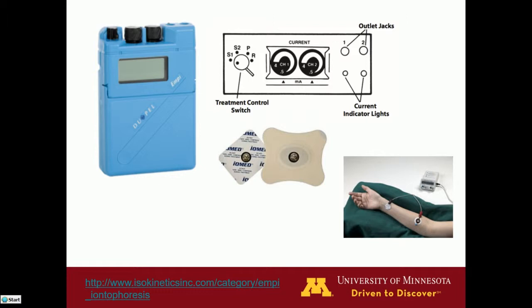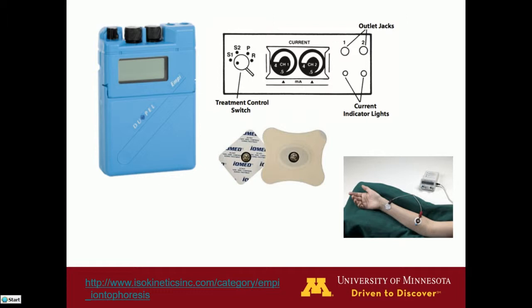You don't have to, but if you were doing, say, a bilateral carpal tunnel treatment, you could set one arm up on channel 1, one arm up on channel 2, and they could run at the same time that way. The P is for pause. If you need to stop your current or stop your treatment and adjust something, you can.